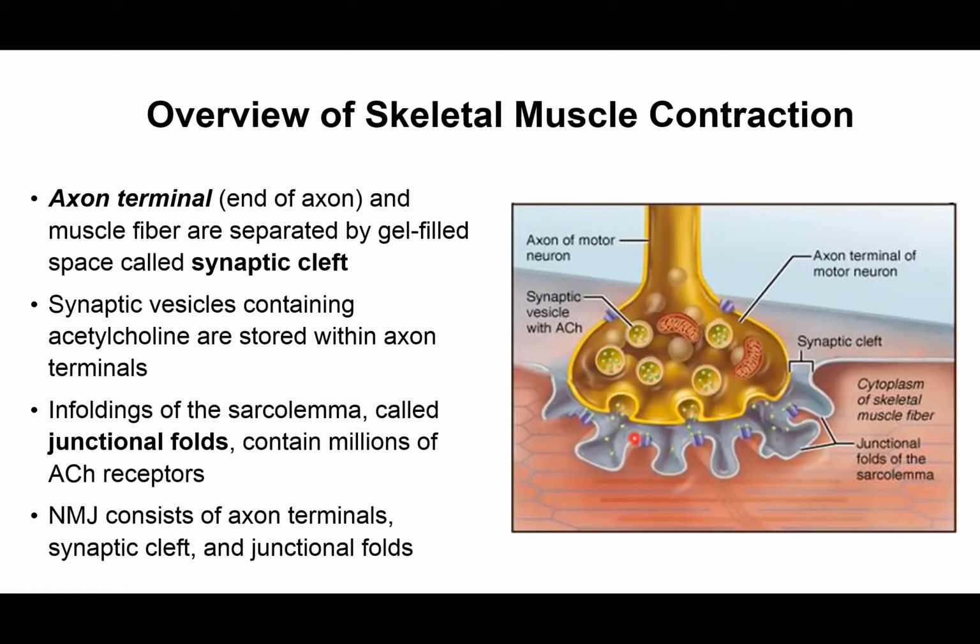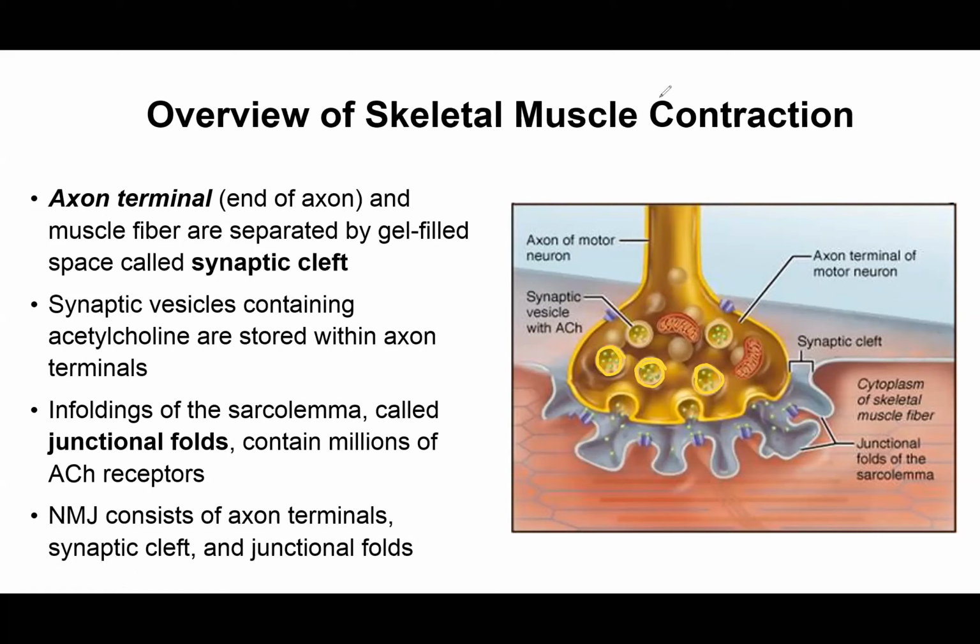On the neuron side of things, we have synaptic vesicles located just at the end of these neurons. And inside of these synaptic vesicles, we have acetylcholine, which is a neurotransmitter.